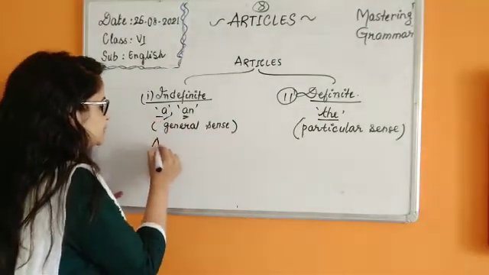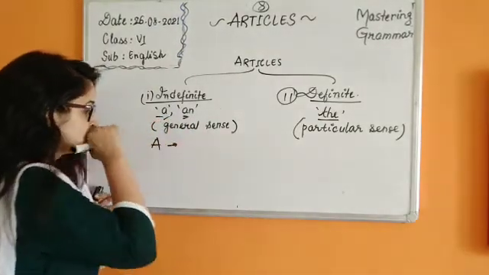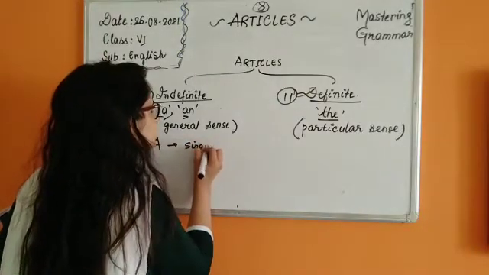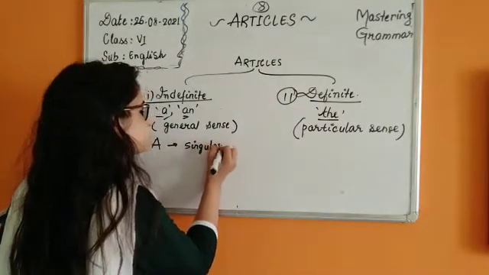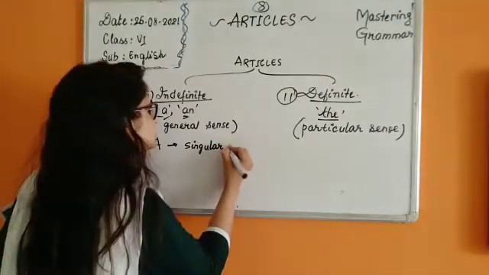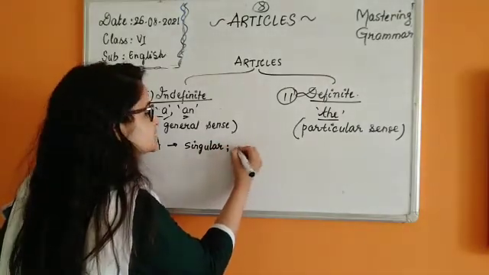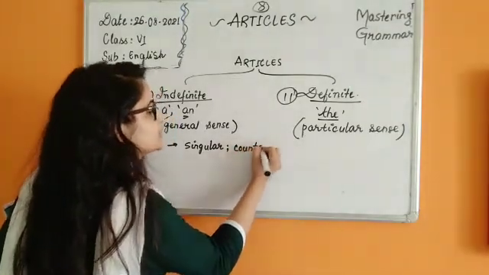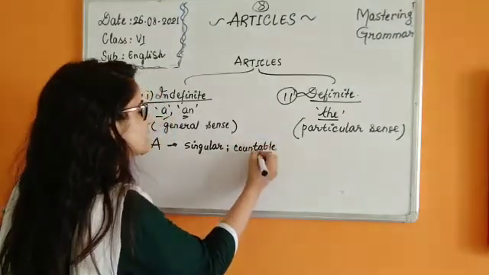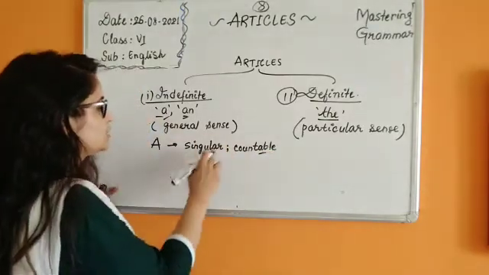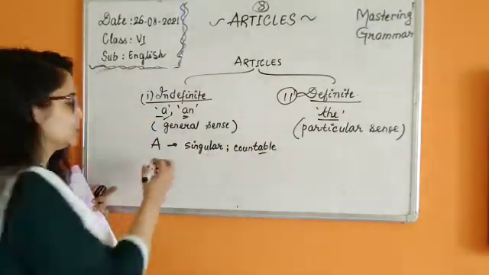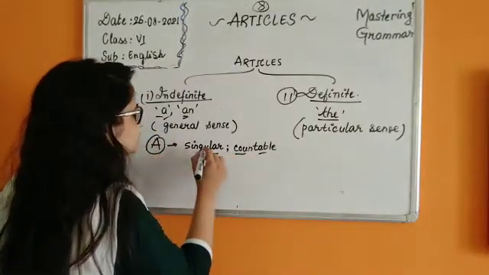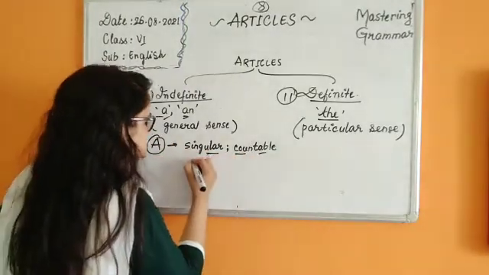For a, you have to remember one thing: it will be used with a singular noun, and it has to be countable. I am not going to tell you in detail what is countable or uncountable or singular. I am just going to say that we use a with a singular or countable noun.